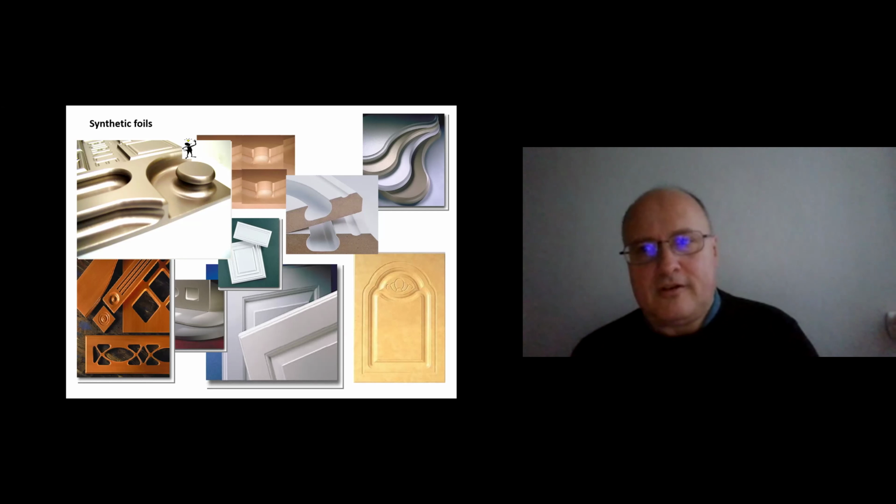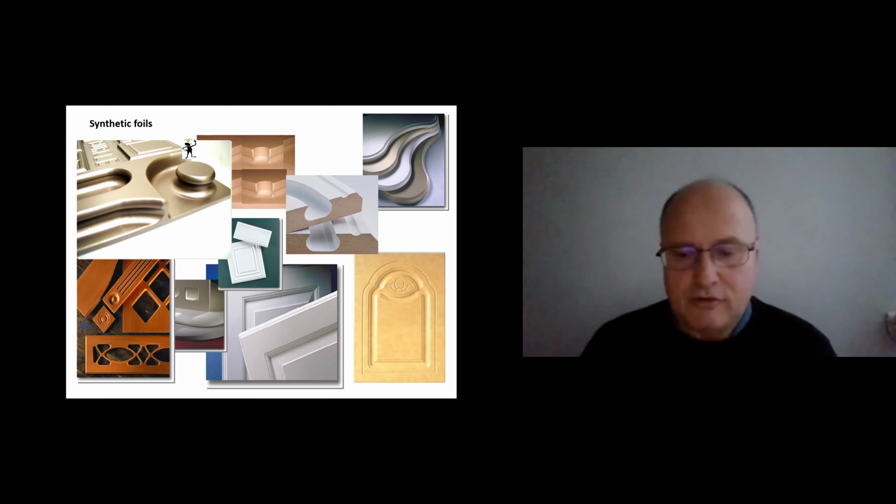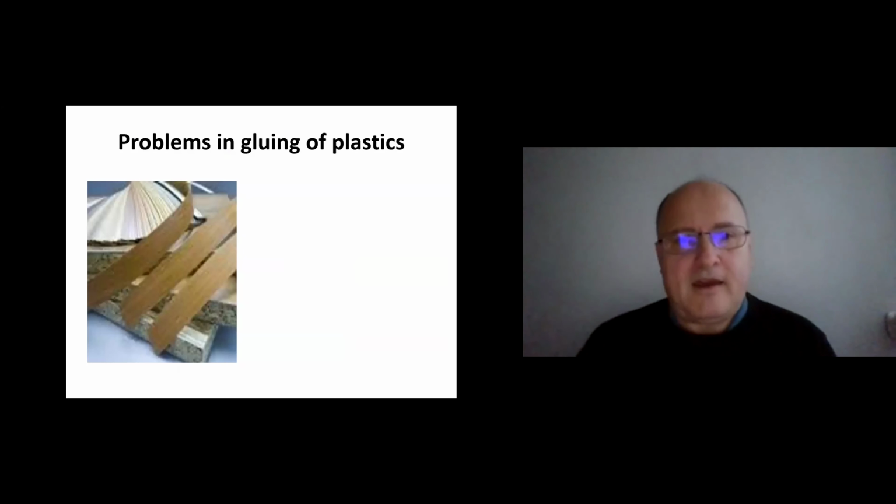For example, as a substrate, medium density fiber boards or high density fiber boards, and then going to the top, you can use different foils with different properties. And this is very important. Pay attention. You can finally receive, up to you, what do you want. Everything is possible. Probably it is our future. Probably, who knows?